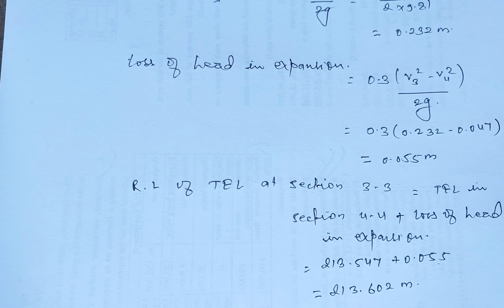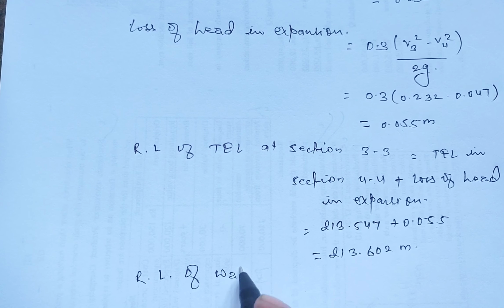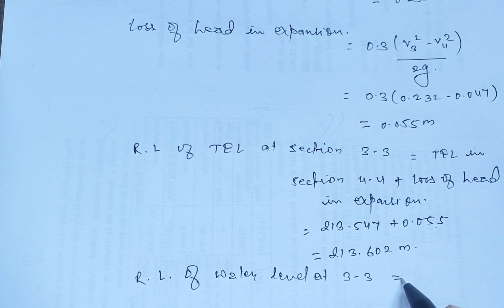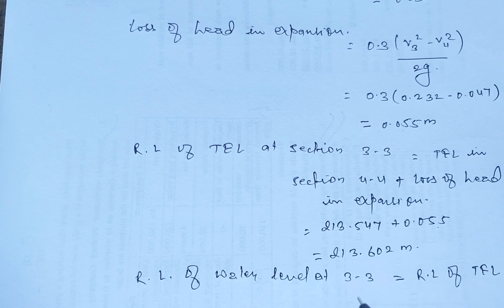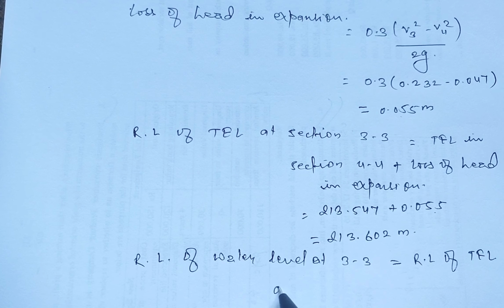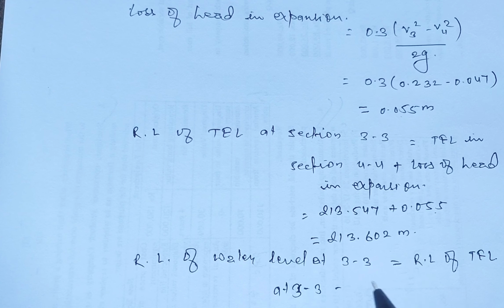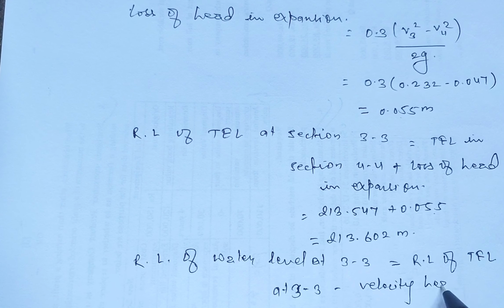Now after this, we'll calculate the RL of water level at 3-3, which equals RL of TEL at section 3-3 minus velocity head at 3-3.